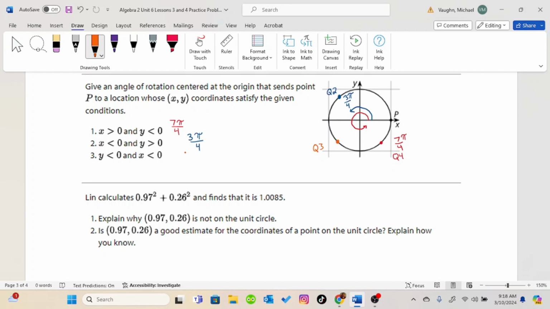For this, we're going to go around for a full pi, and then we're going to go 1 more quarter. So 1 pi would be 4/4. 1 more quarter would put us at 5/4 pi.